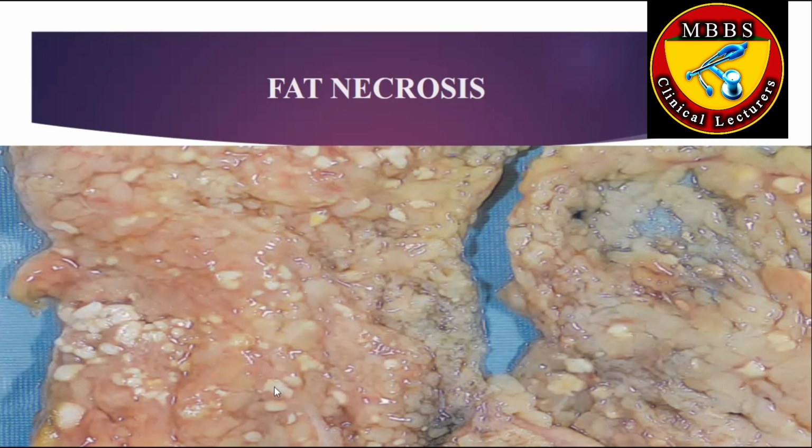The derived fatty acids then combine with calcium to produce visibly chalky white areas, that is fat saponification. These white areas we can see here in this picture, showing the white chalky deposits of fat necrosis in the mesentery.